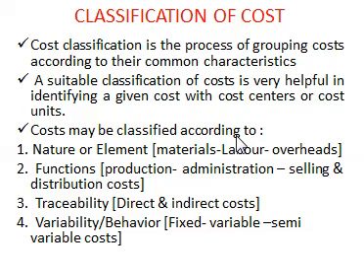So a cost can be classified in different ways. You can classify a cost according to the nature or element. Under that, you can classify a cost as material, labor, or overhead. So if it is material, you look at the material cost. If it is labor, then you look at the labor cost. If it is overhead, then you look at the overhead cost.